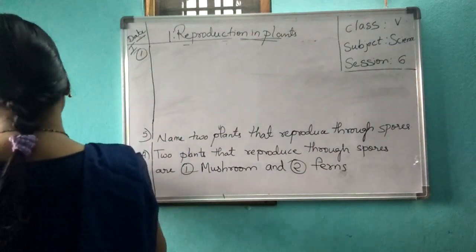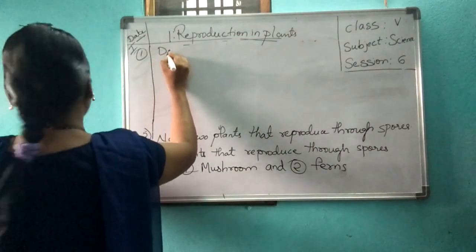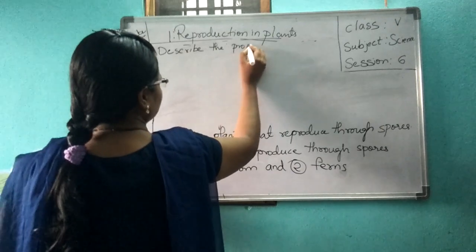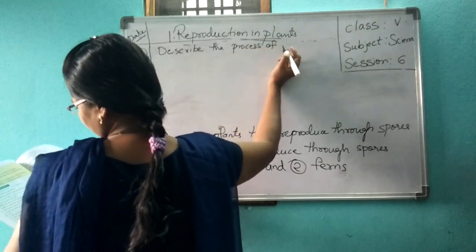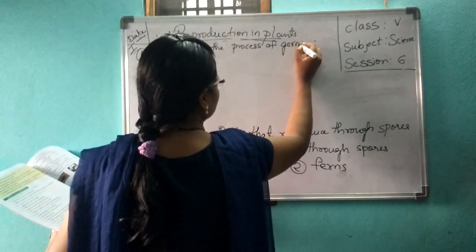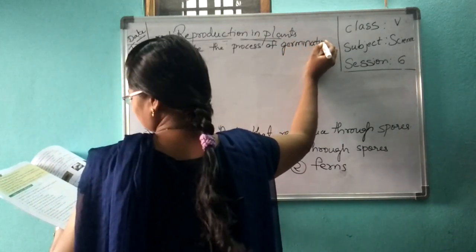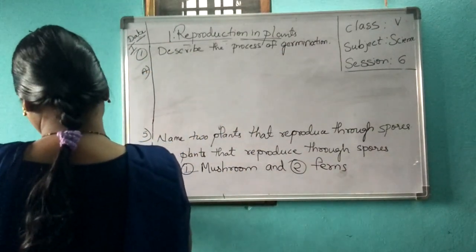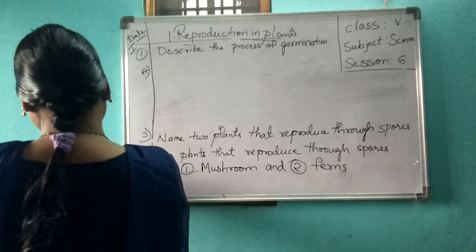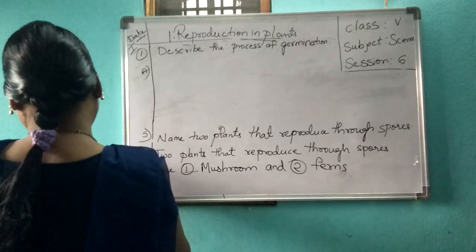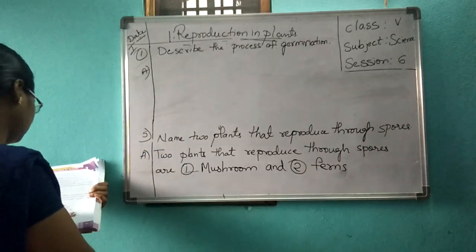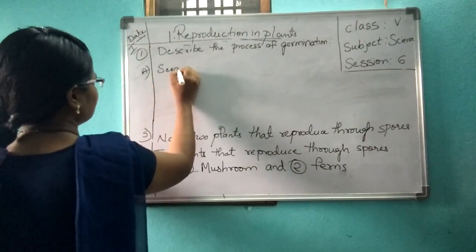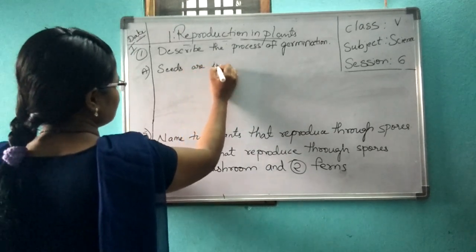Describe the process of germination. Answer: Seeds are inside the fruit.